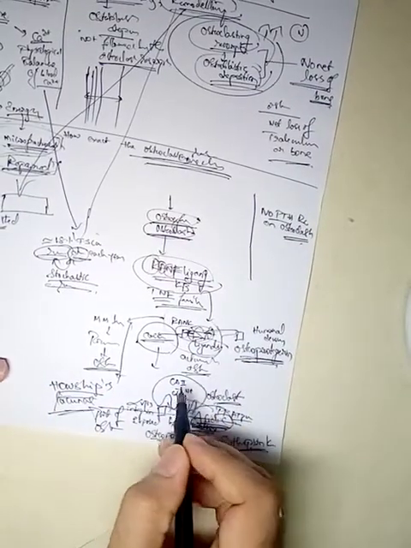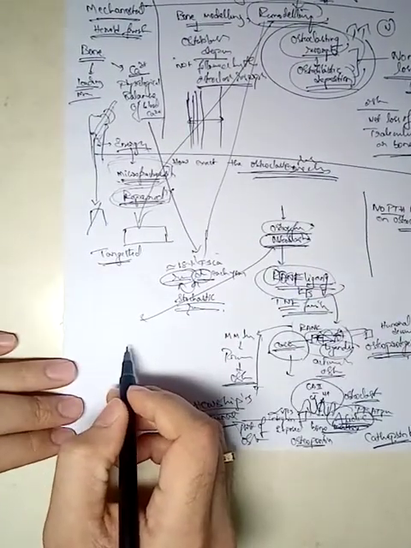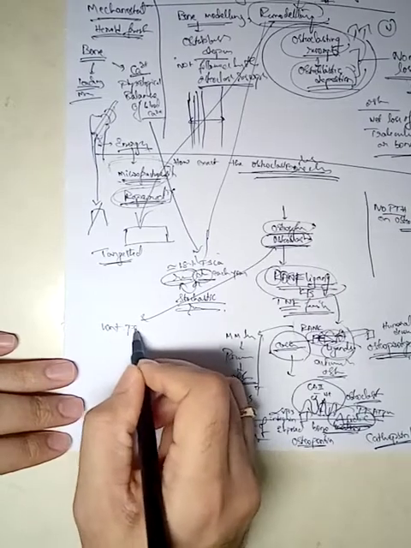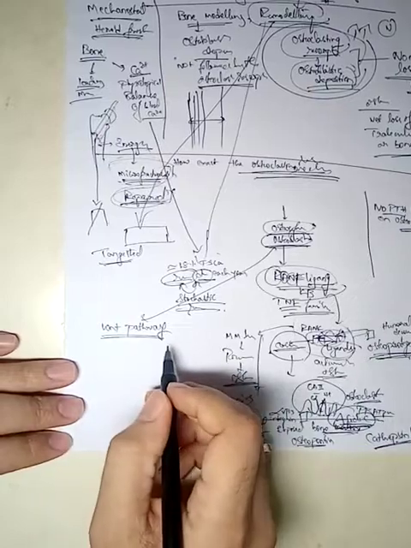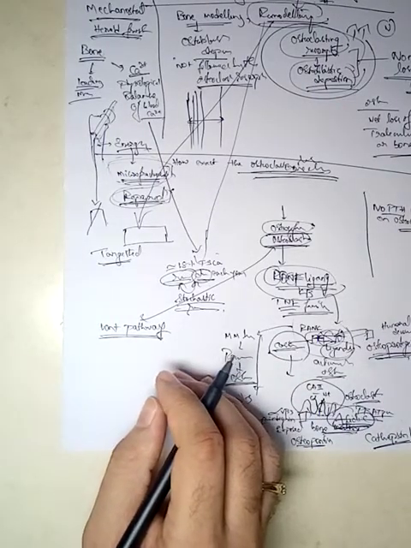Okay, and another important mechanism to be aware of is the WNT pathway. Okay, the wingless integrin pathway, will not go in detail about it.